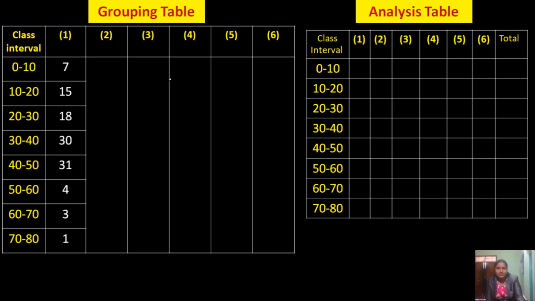As discussed in the case of discrete series, here you have to write down the class interval and its frequency as the first and second columns. Then under column 2, you add the frequencies in 2's, that is F1 plus F2. 7 plus 15, you add the values and write it in the center of 7 and 15.